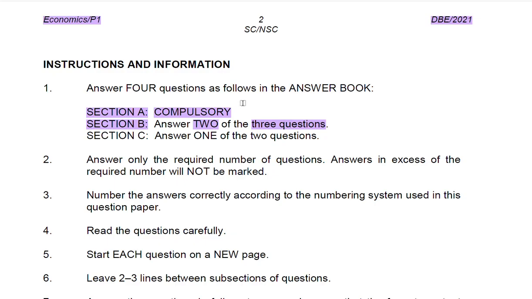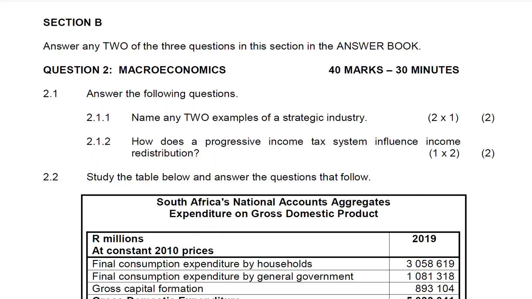Now let us look at what we'll be covering. This video will cover mainly question number 2; questions 3 and 4 will be looked at in their own separate videos. Again, in section B you need to answer any 2 of the 3 questions in the answer book.